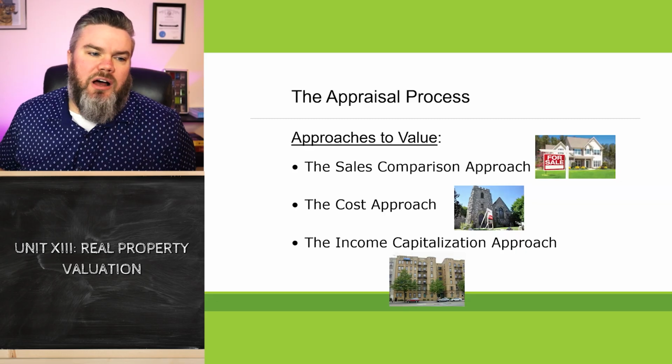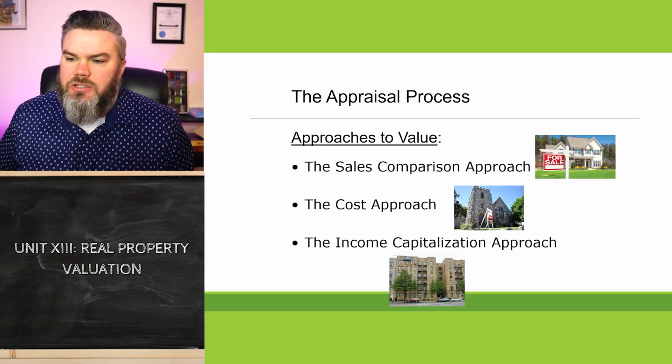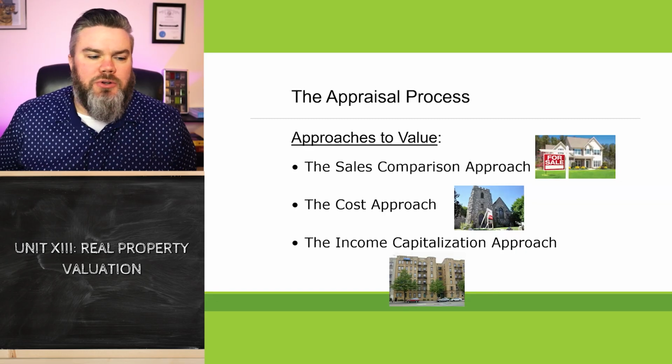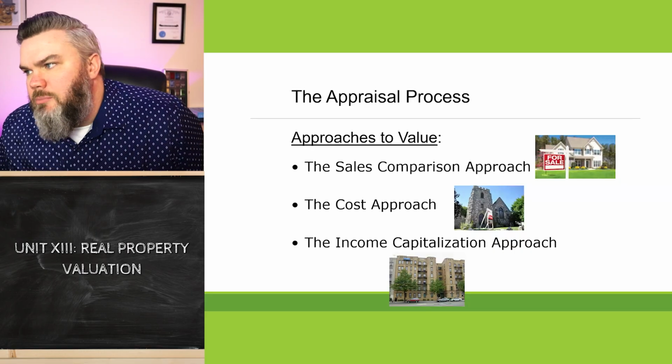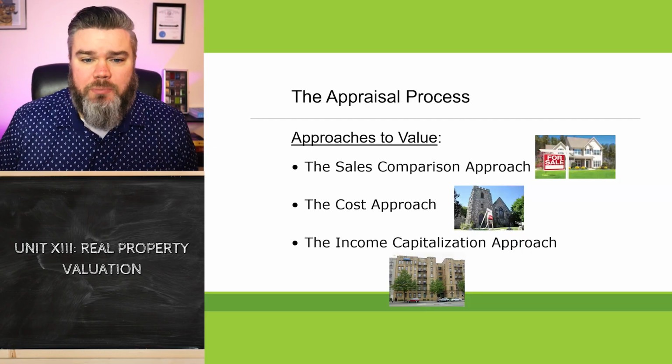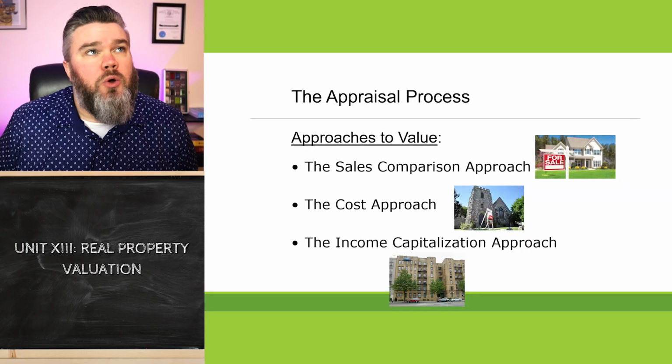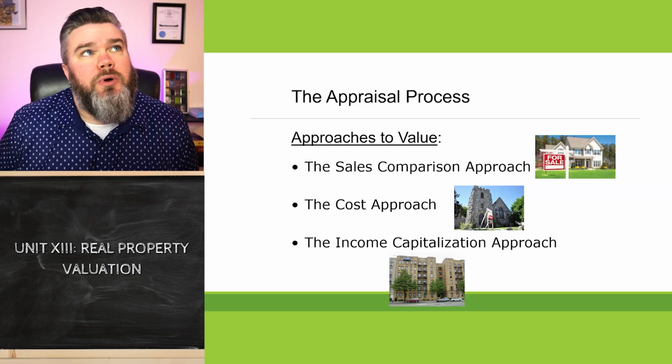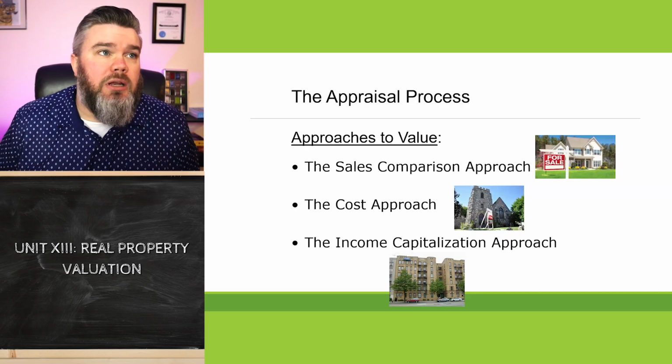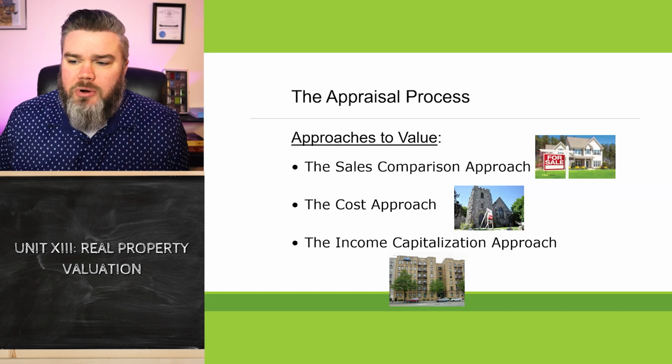So where we left off, folks, and what we're going to dive back into, are these three main approaches to value. These are different ways that an appraiser would potentially value a piece of property. And the one they're going to deem to be the most appropriate is going to depend on the type of property.